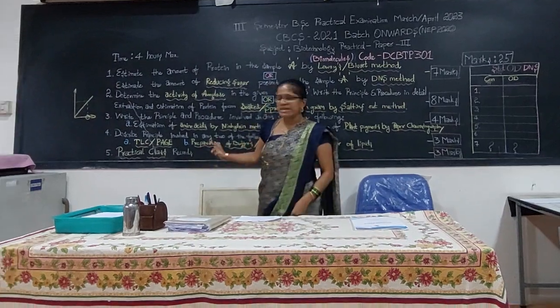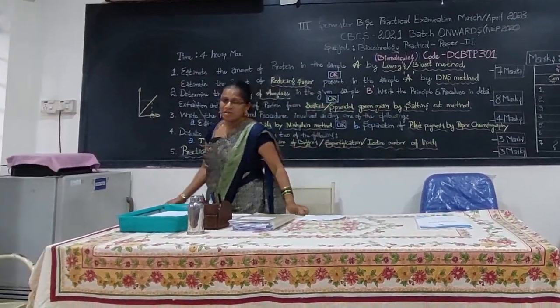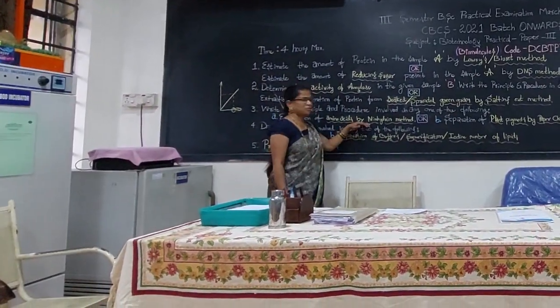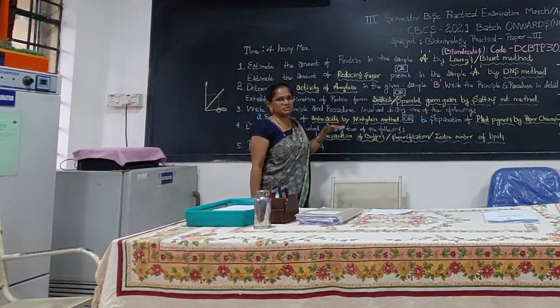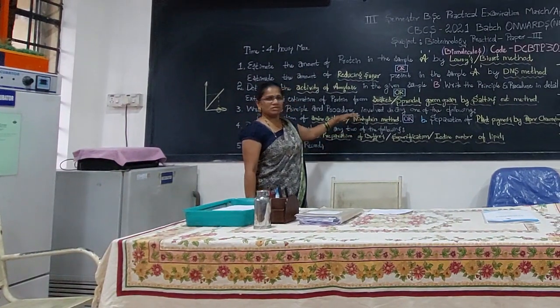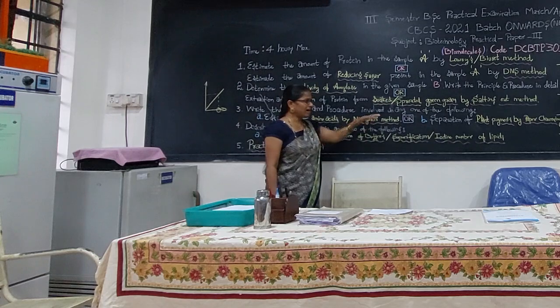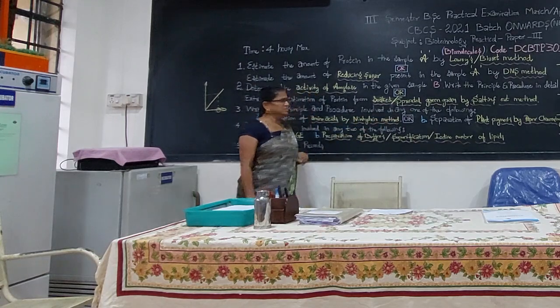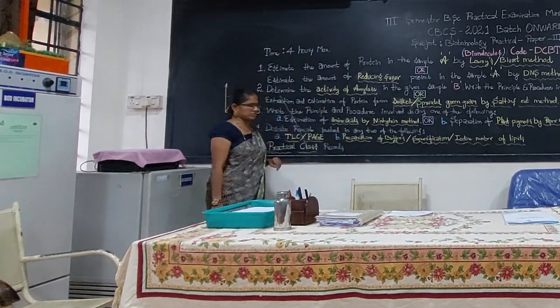Any one of these two you may get in the examination, so be prepared for 4 marks. Focus on these two, the Ninhydrin method or plant pigment separation by paper chromatography.